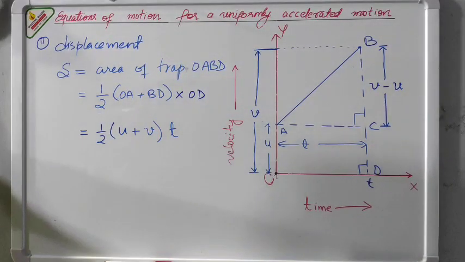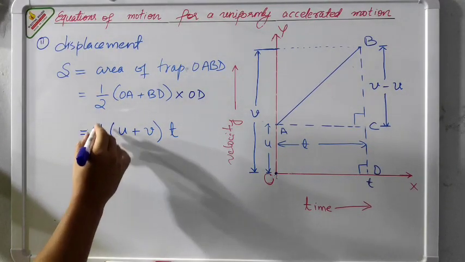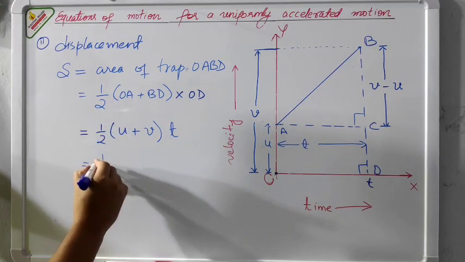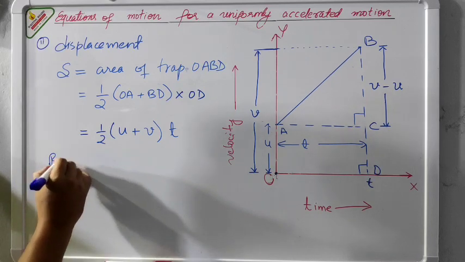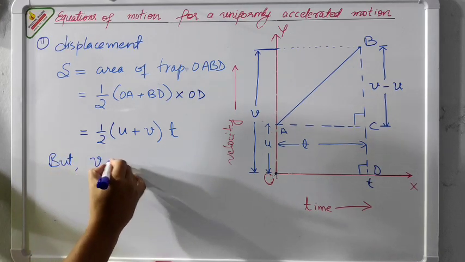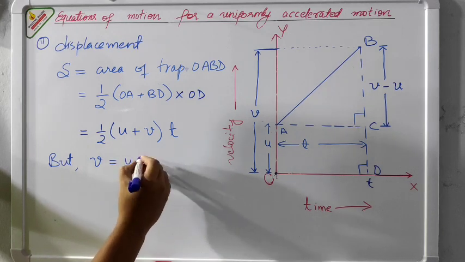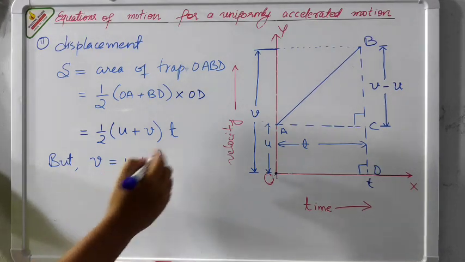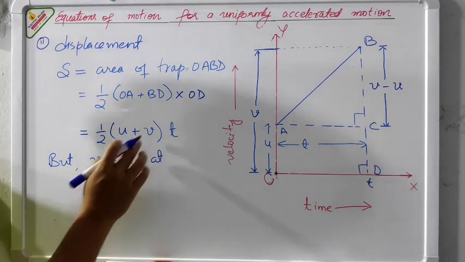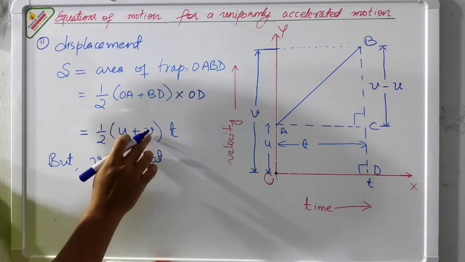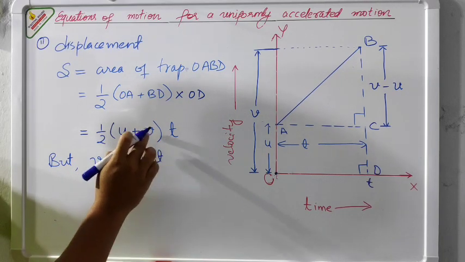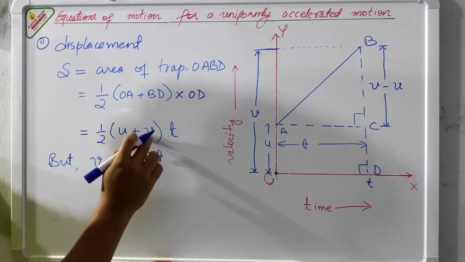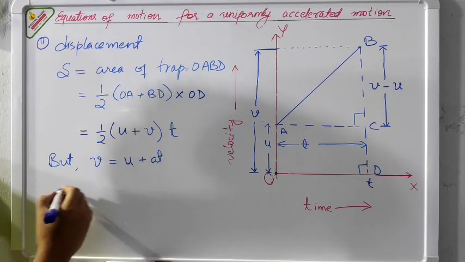We have this: half u plus v into t. But we know that v equals u plus at from the first equation of motion. Putting the value of v in this equation, replace v with u plus at.